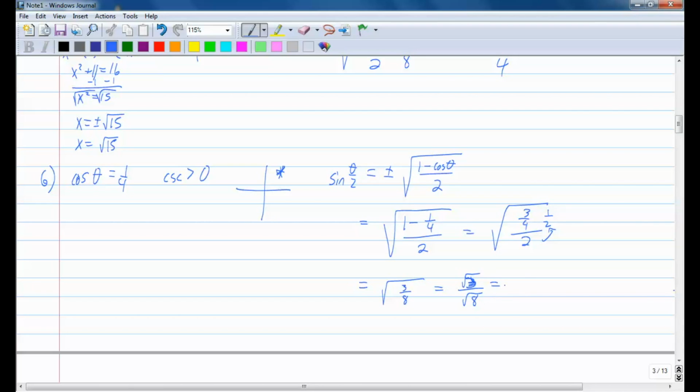And then the square root of 8 can be rewritten as 2 square roots of 2. Now to rationalize the denominator, I multiply the top and bottom by the square root of 2. So the numerator becomes the square root of 6. The denominator is going to be 2 times 2, so 4. The answer is the square root of 6 over 4. That's A.